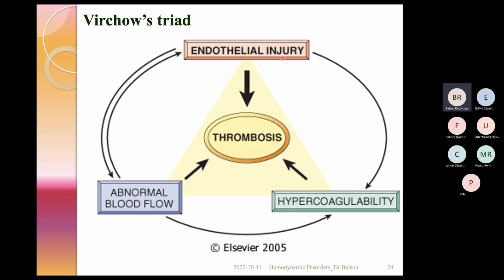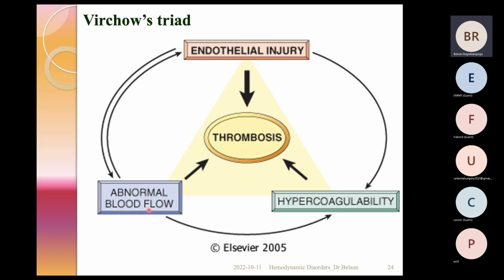There is endothelial injury, which I have shown in the diagrams. There is abnormal blood flow, usually stagnation of the blood or very slow flow. And there is hypercoagulability, which means the blood has a tendency to coagulate even without any other reason.